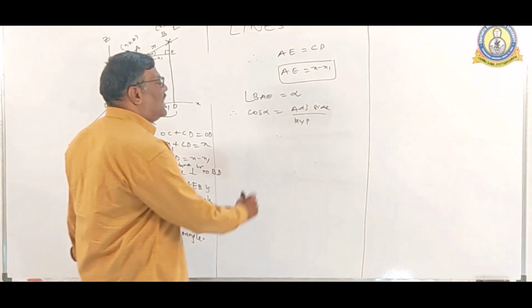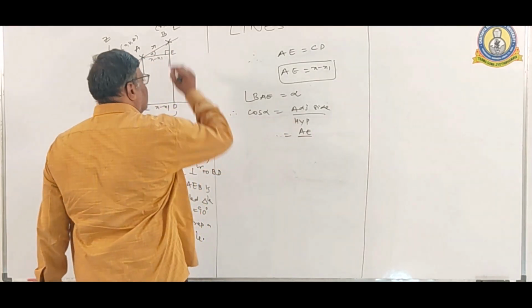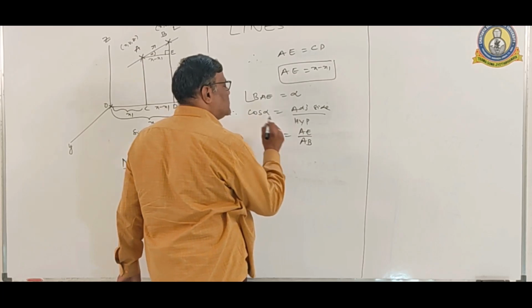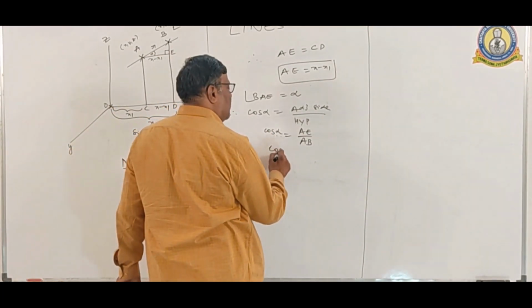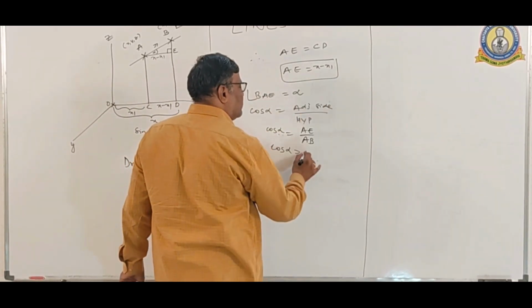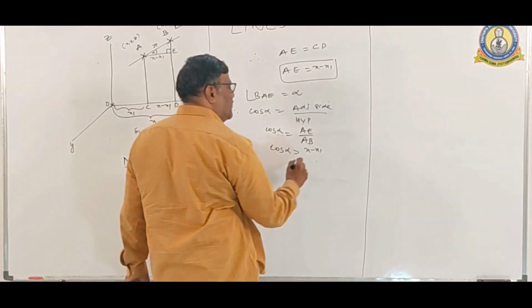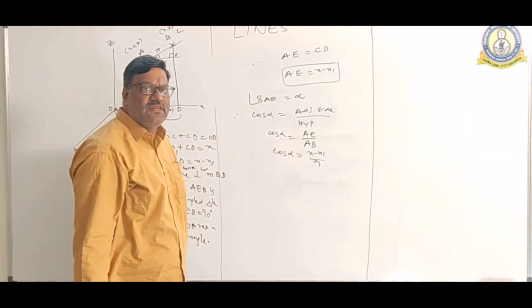AE is the adjacent side and the hypotenuse is AB. Therefore, cos alpha is equal to AE by AB. Now, cos alpha can be written as: AE is x minus x1, and AB is the distance between A and B, which is r. Therefore, x minus x1 by r is equal to cos alpha.